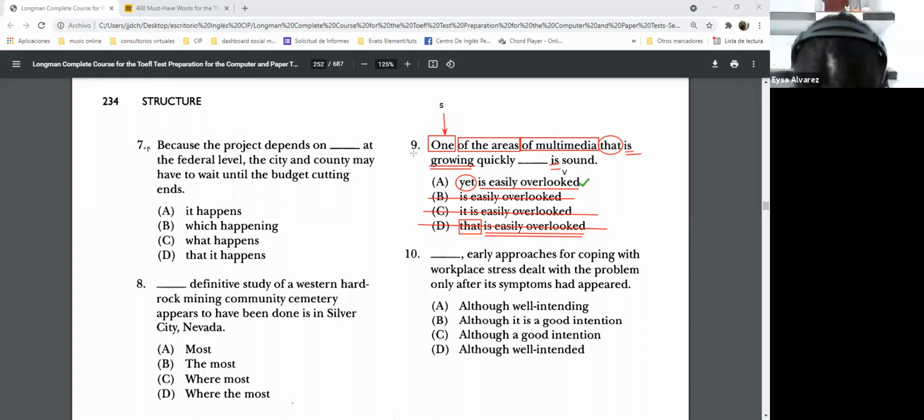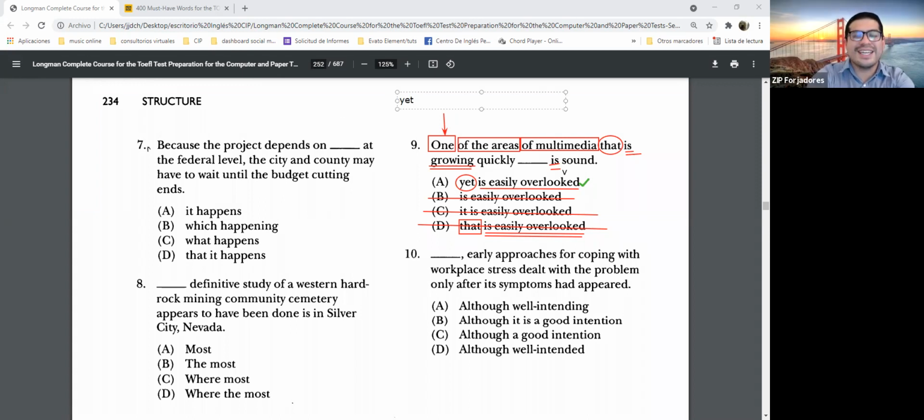So the complete one would be "yet it is easily..." No, because we are going to omit the verb to be, right? "Yet is easily overlooked. Is sound." The complete one would be "yet is easily..." okay, what is "yet"?